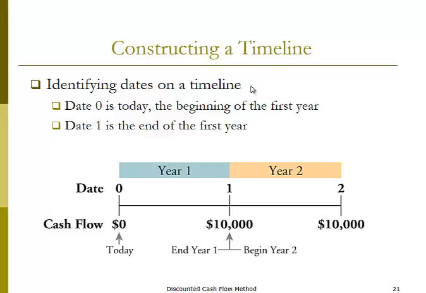So what is a timeline? It's a tool to help us visualize or understand the cash flow schedule. Okay, so just keep it simple. You want to have dates on this timeline and the amount. So for the date, 0 here means today, the beginning. 1, the thick line here, that's the end of the first year or first period.